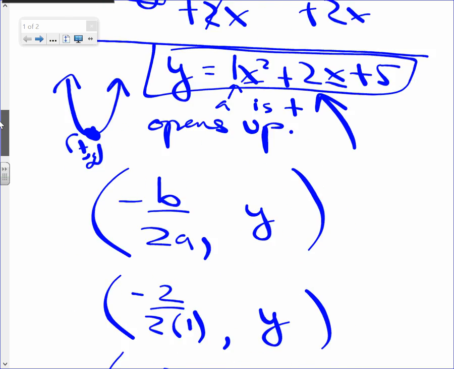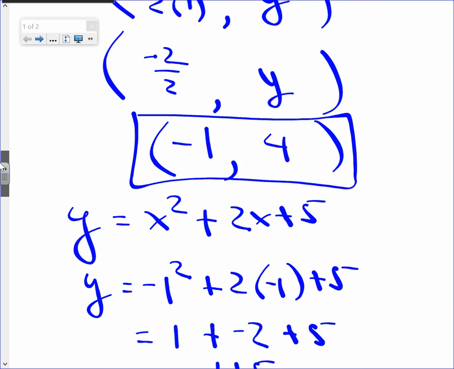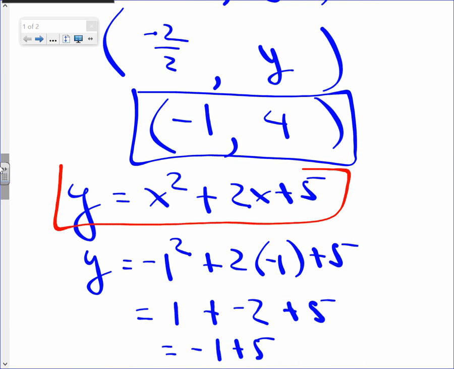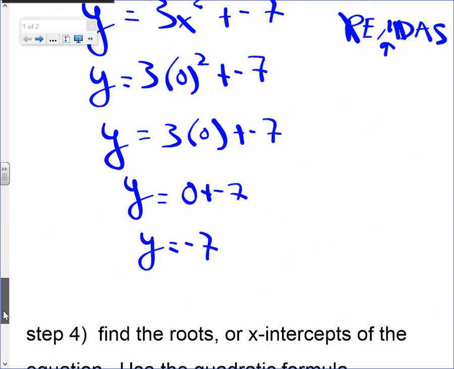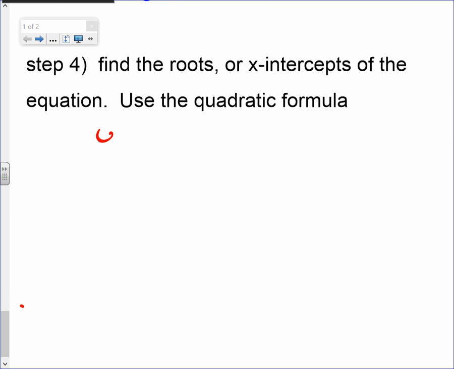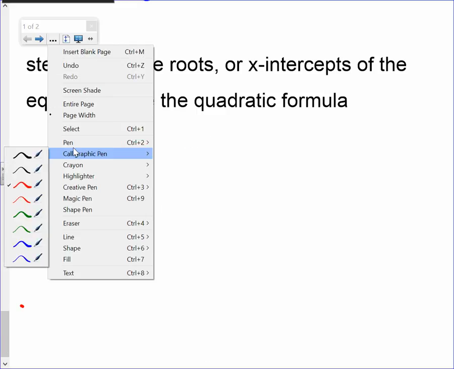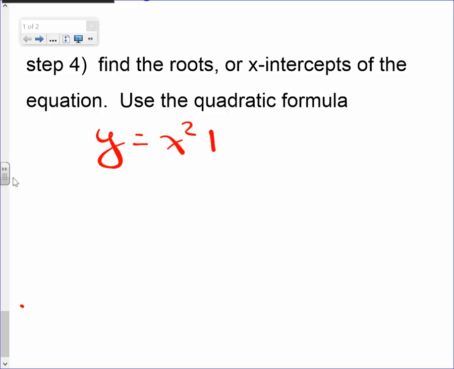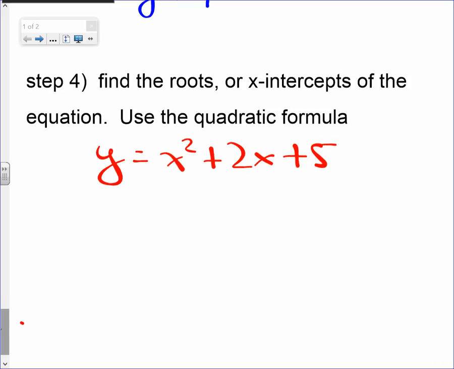I'm going to borrow example 1's equation right here: y equals x squared plus 2x plus 5. So let me rewrite the equation.